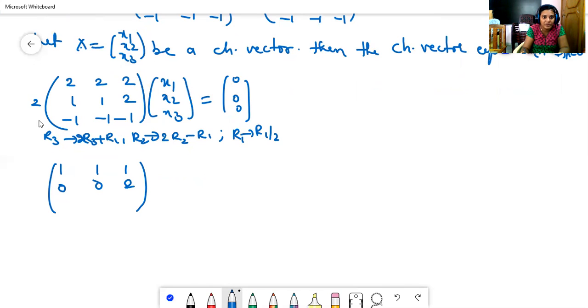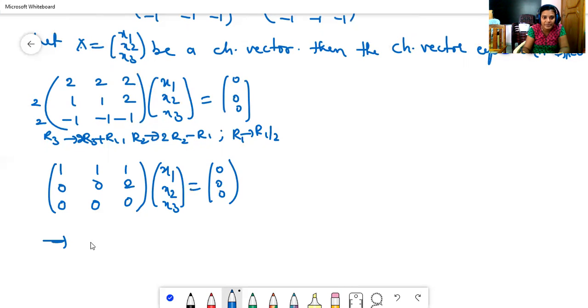It is multiplied with 2 and adding, minus 2 plus 2 is 0, minus 2 plus 2 is 0, minus 2 plus 2 is 0, into x1, x2, x3 equal to 0, 0, 0. Next, expressing into equations, x1 plus x2 plus x3 equal to 0, 2x3 equal to 0. From this, x3 is equal to 0. Substitute in above equation, then x1 plus x2 equal to 0.